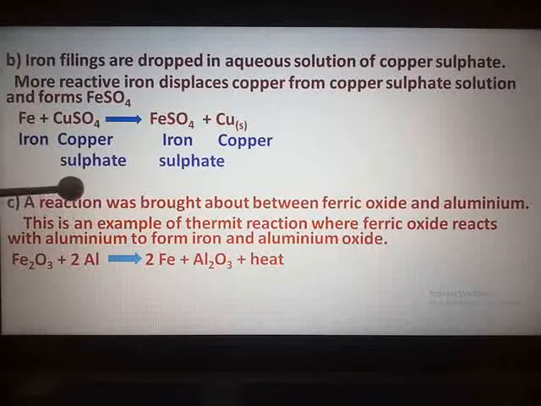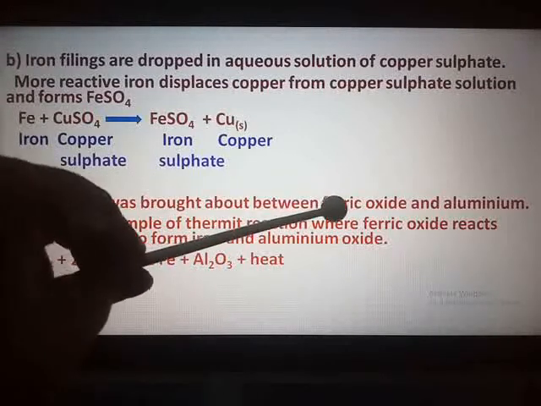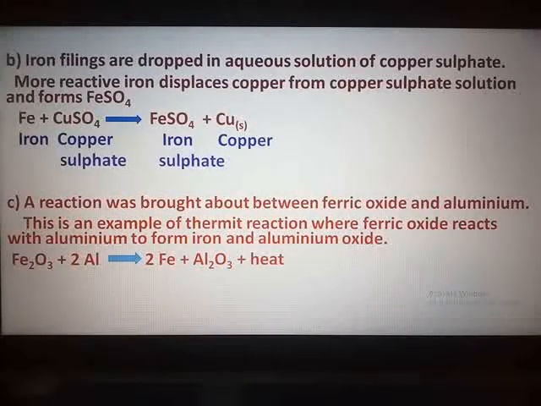C. A reaction was brought about between ferric oxide and aluminium. This answer you will get in the textbook on page number 105, above the diagram 8.13, that is thermit welding. Above that you will have that equation.